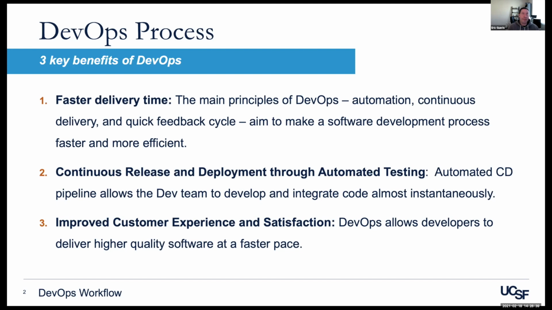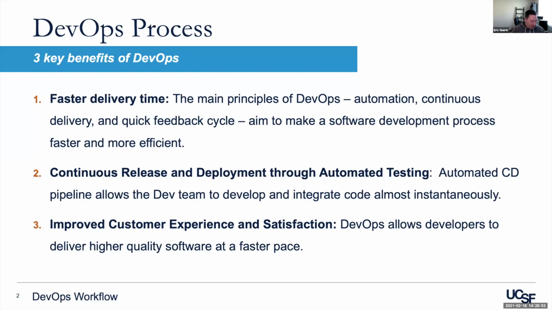By including testing in our process, we get faster feedback on things that break, and that makes it easier to fix issues. And then ideally, you're going to get improved customer experience and customer satisfaction, because things don't end up broken in the production process.